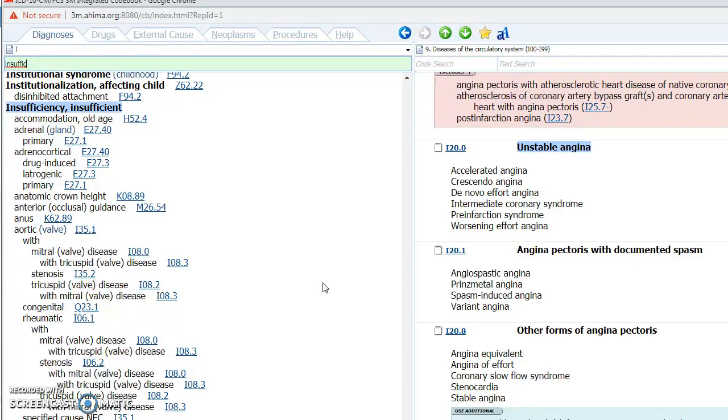If a type 1 NSTEMI evolves to a STEMI, you're going to code it as a STEMI, because of course a STEMI is more detailed, more serious. But if a STEMI then converts back to a non-STEMI due to thrombolytic therapy, you're going to assign the code for the STEMI, because again, they did have the STEMI. So basically, the STEMI takes precedence over everything.